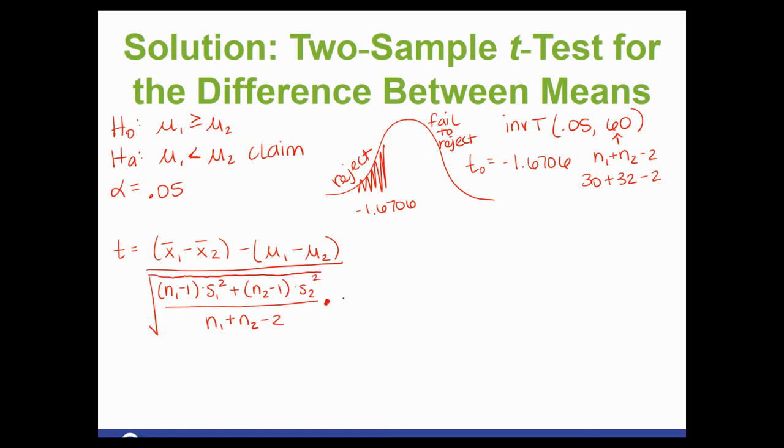That's under one radical. Stop the radical and type in your times, and then it's 1 over each sample size added together. So that is all on the bottom of this fraction. There is a calculator video that will show you how to type that in your calculator just to make sure you get everything where it should be.